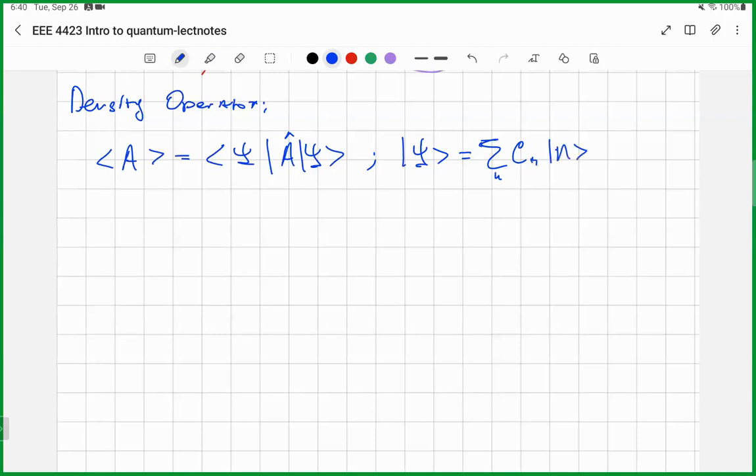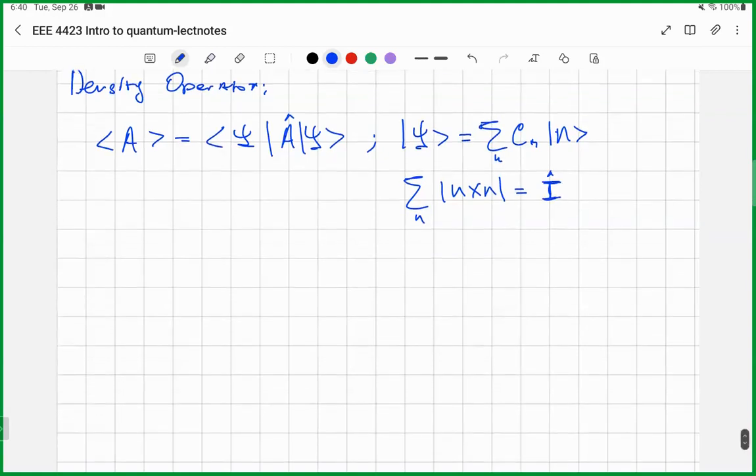And I also remind you that if I take the outer product of the basis vectors and then sum up all of them, I get the identity matrix, or identity operator.